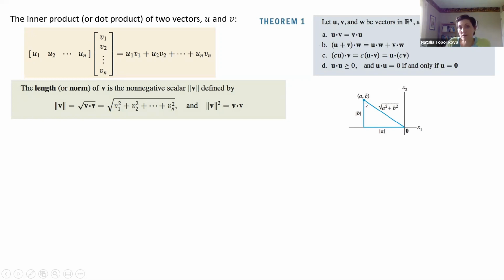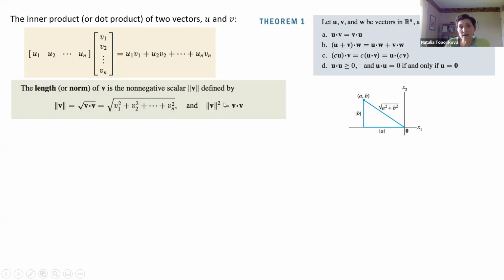The length of the vector (a, b) will always equal the square root of component y squared, which in this case is b, plus component x squared, in this case a.